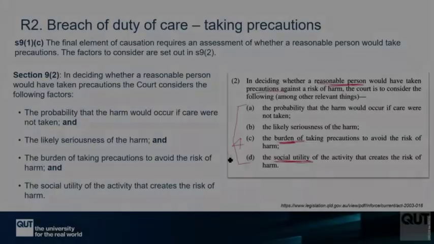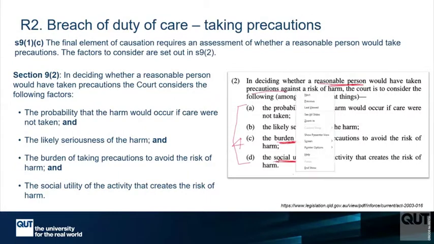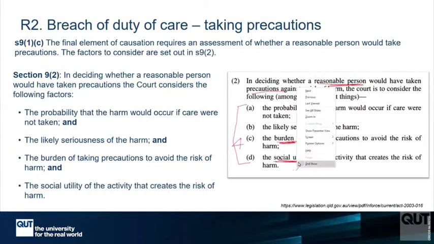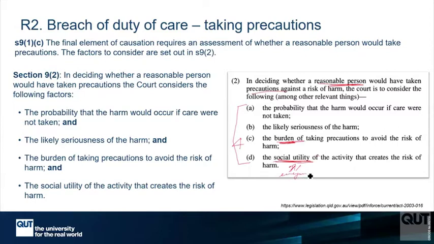The area where social utility often gets taken into account is with respect to emergency services. Most of the cases here are around something like the fire brigade. Imagine the lifesavers, right?